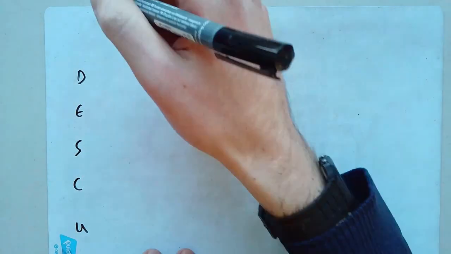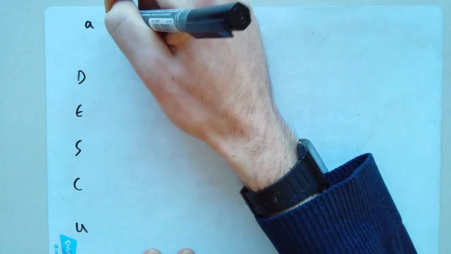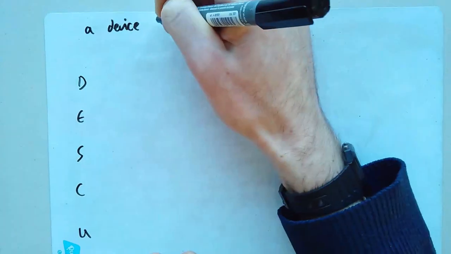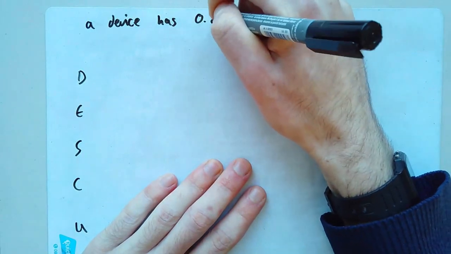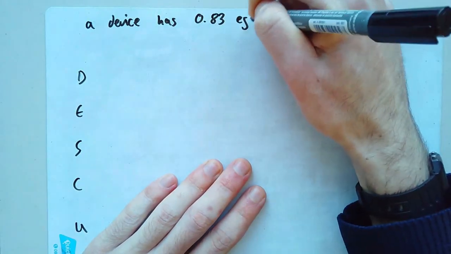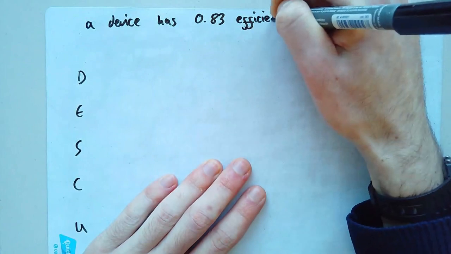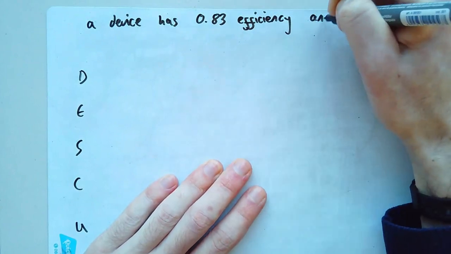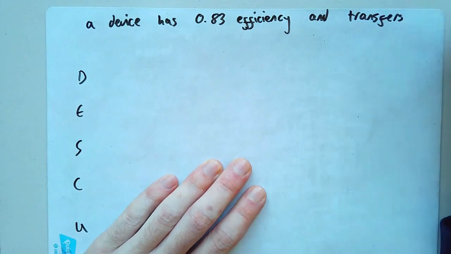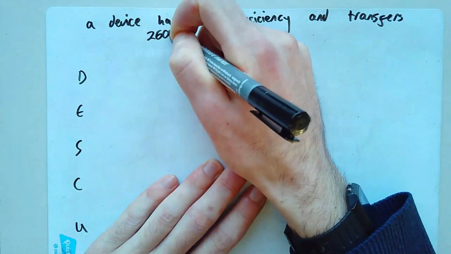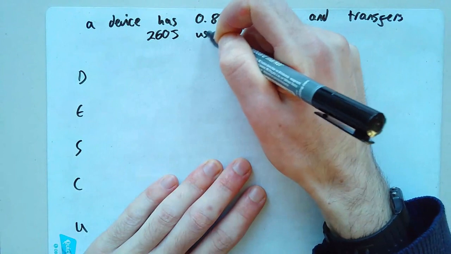Let's do one more example before you do some practice questions yourselves. So let's say you had a device that has a 0.83 efficiency and transfers 260 joules usefully.